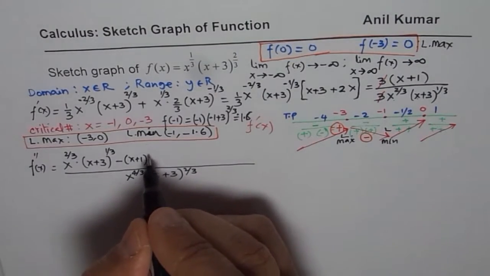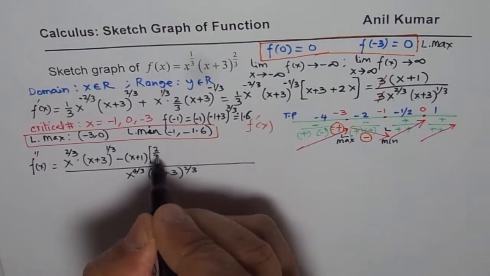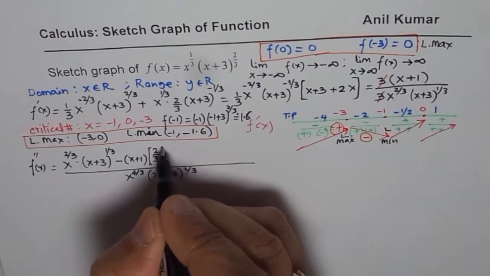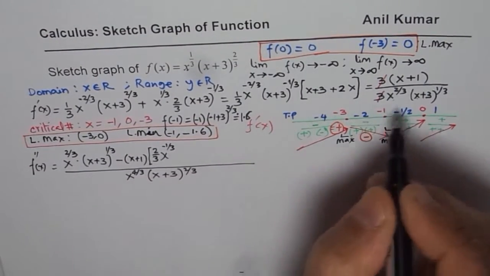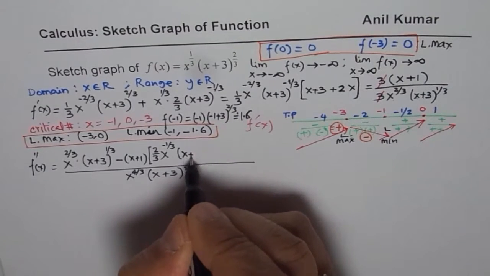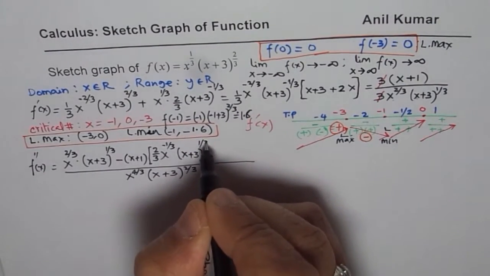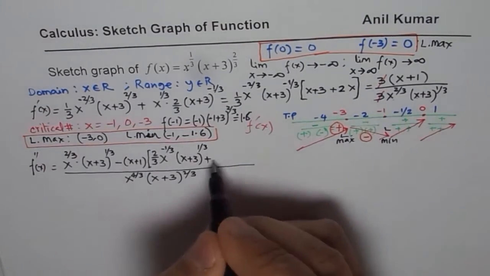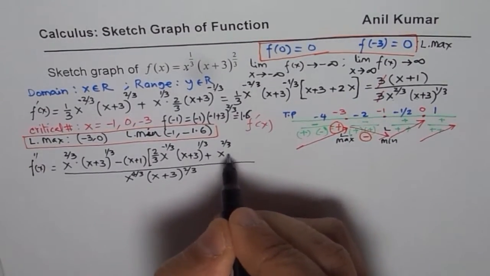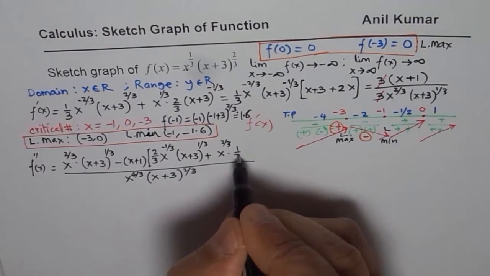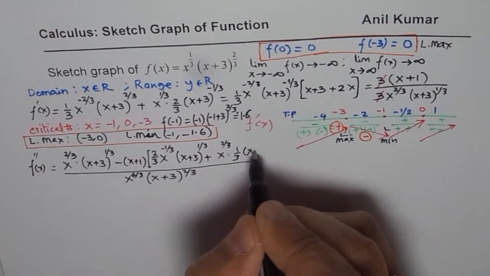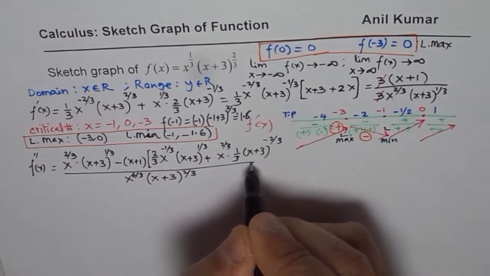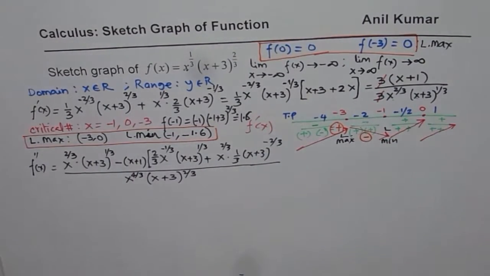So that gives us, let me put square brackets, 2 over 3 x to the power of minus 1 over 3 times x plus 3 to the power of 1 over 3 plus, now we'll write x to the power of 2 over 3 times derivative of this, which is 1 over 3 times x plus 3 to the power of minus 2 over 3, right? Perfect. So that becomes the second derivative.